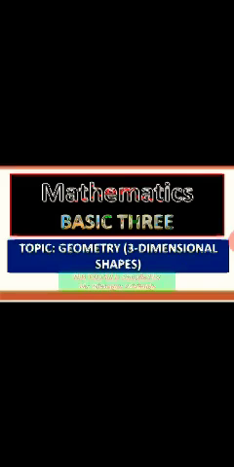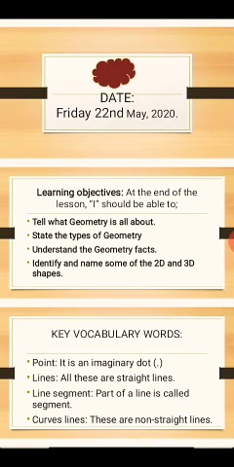And that day we discussed four objectives. The first one among them was I told you about what geometry is all about. The second thing we looked at was the types of geometry.